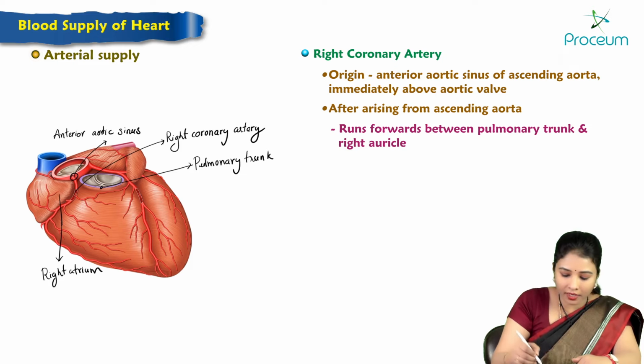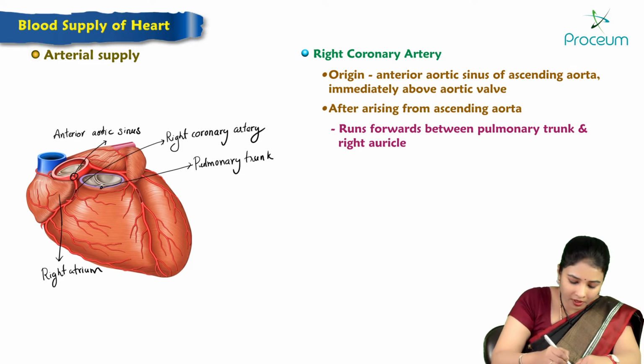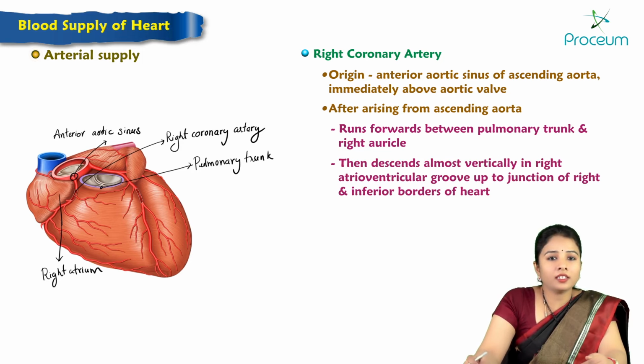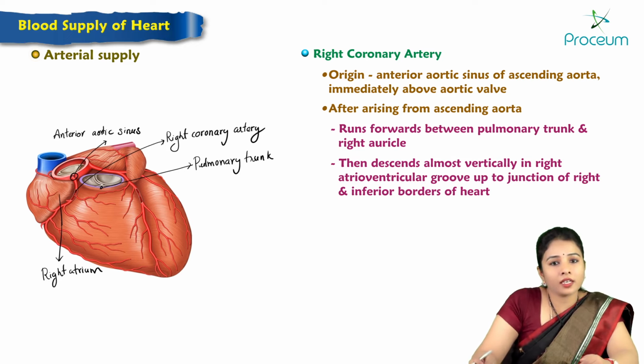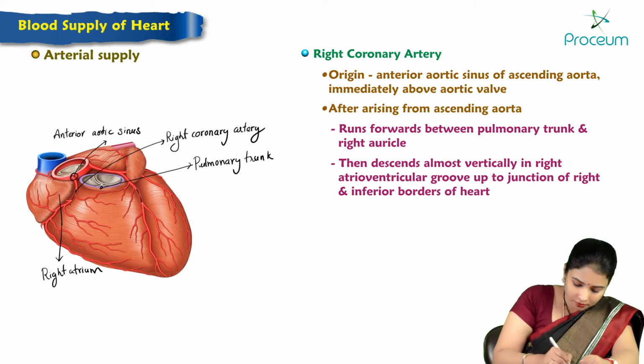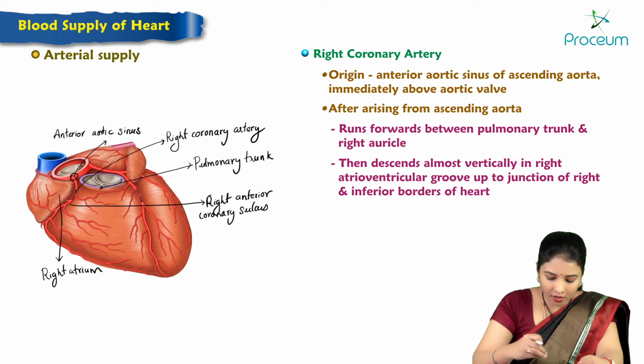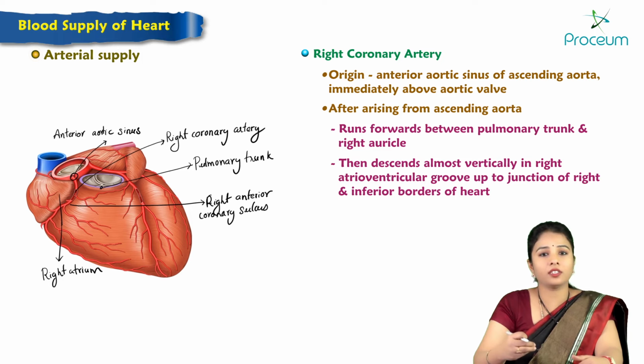We can see the right coronary artery between the pulmonary trunk and the right auricle, and then it descends almost vertically in the right atrioventricular groove, which is considered as the right anterior coronary sulcus.